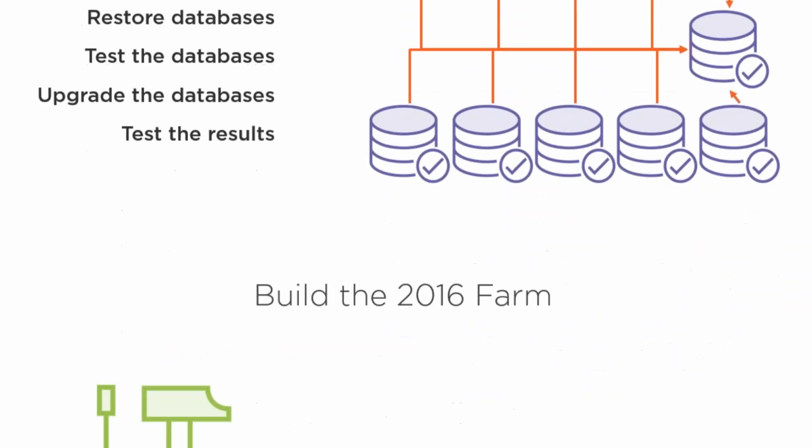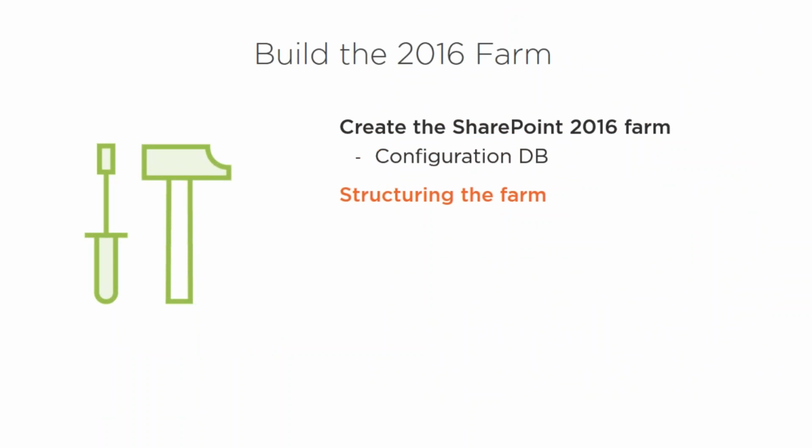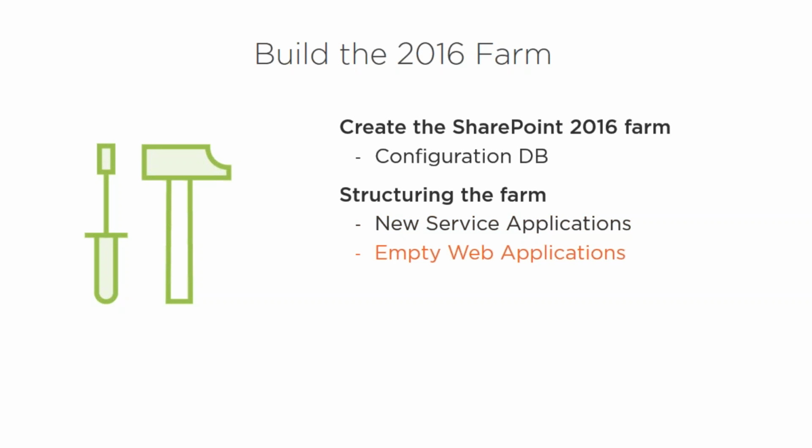What you have to do when you build your 2016 farm is create the new farm by creating the configuration database, and then build out the structure of your farm with new service applications. These would be the service applications that you do not intend to upgrade, some of the new service apps or some that just don't need to be upgraded, like the Word automation service, Visio services, things like that.